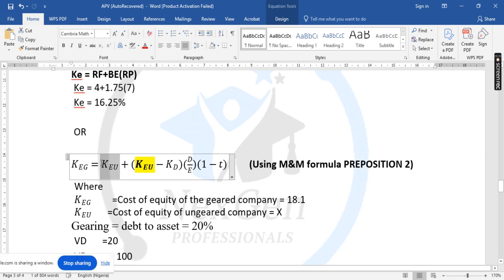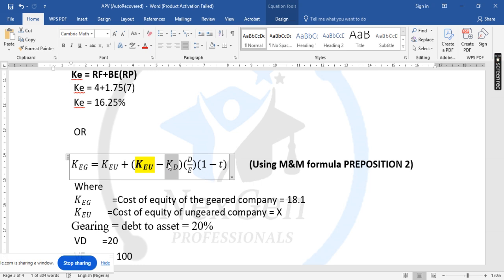We are looking for the cost of debt of the proxy company. If it is not given, use the commercial rate given to you in the question. The commercial rate is the rate that everybody is using. What GT is using is what Fidelity Bank is using, whether you are diversifying or not.